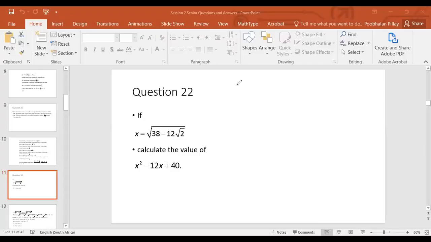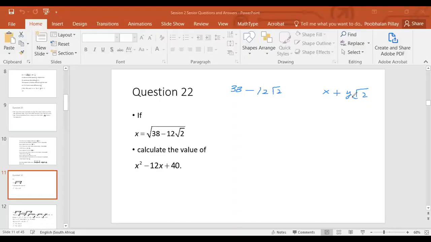I'm finding the square root of 38 minus 12 root 2. I'm finding the square root of that. And I'm going to assume that it also looks something like this. In other words, it's some number plus something times square root of 2.